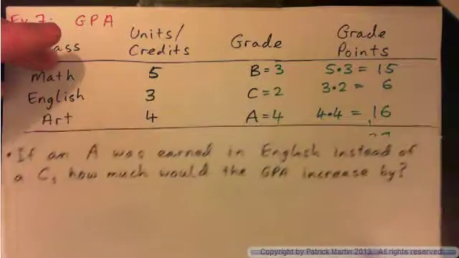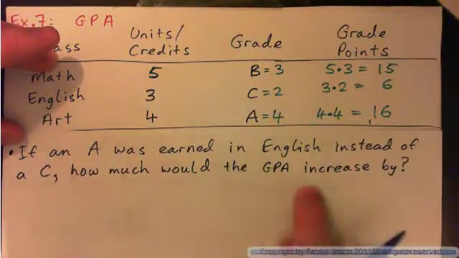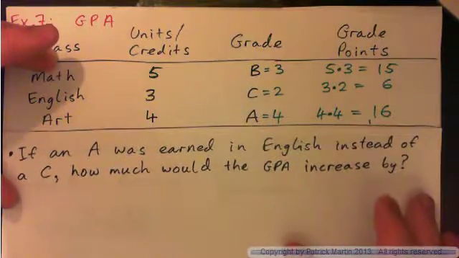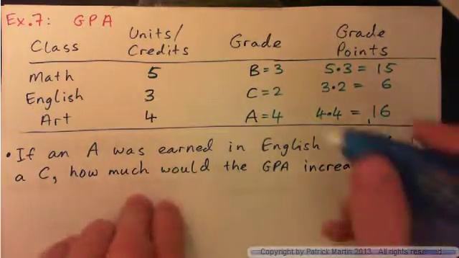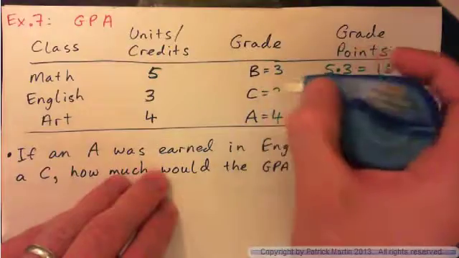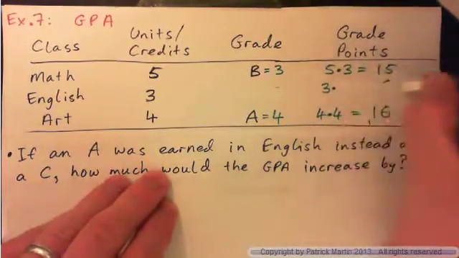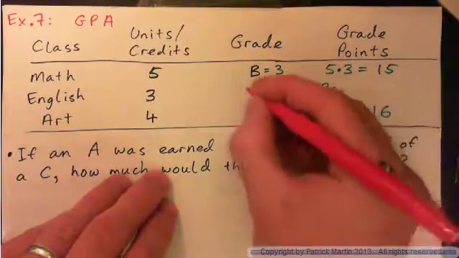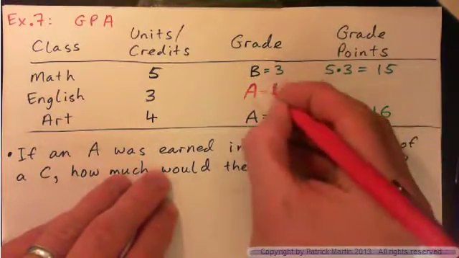Now, let me ask you this last question. If an A was earned in English instead of a C, how much would the GPA increase by? So what I'm going to do is imagine that instead of the C for English, I actually got an A. An A is worth 4 points, right?